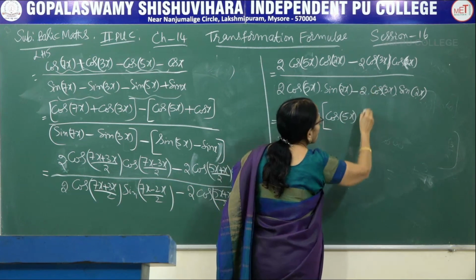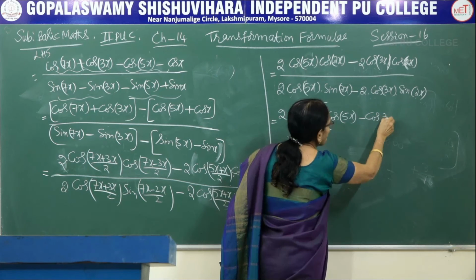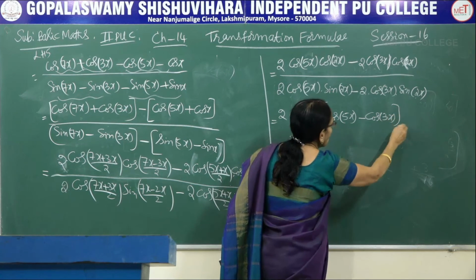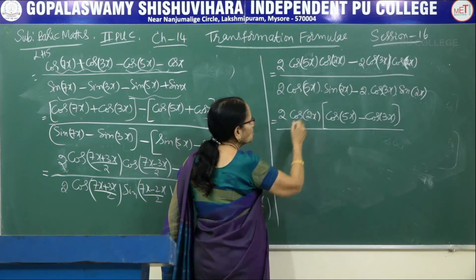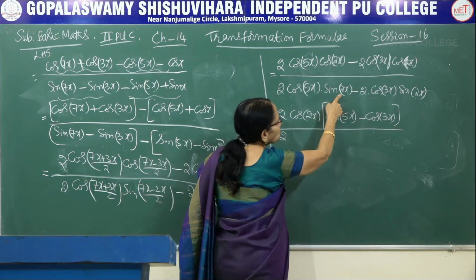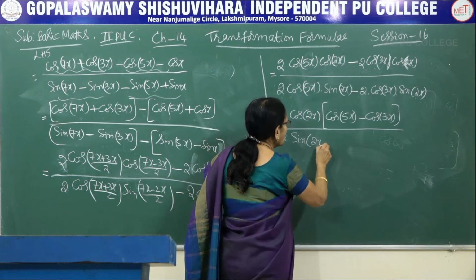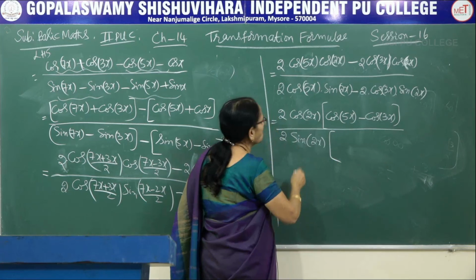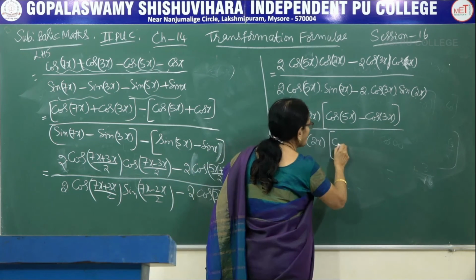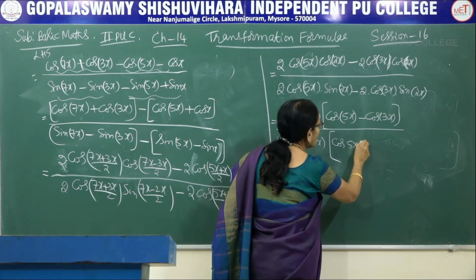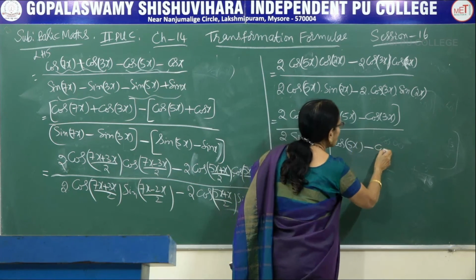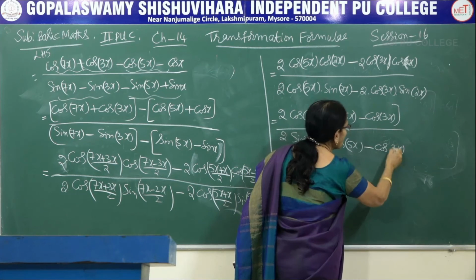And there it is cos of 3x. Correct? Now denominator. 2 is a common factor. Sin 2x and sin 2x. Take the common factor sin 2x into write the remaining terms. One is cos 5x, the other one is cos of 3x.